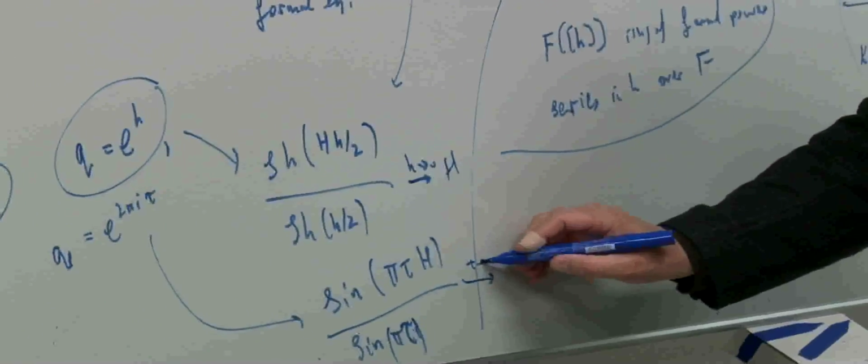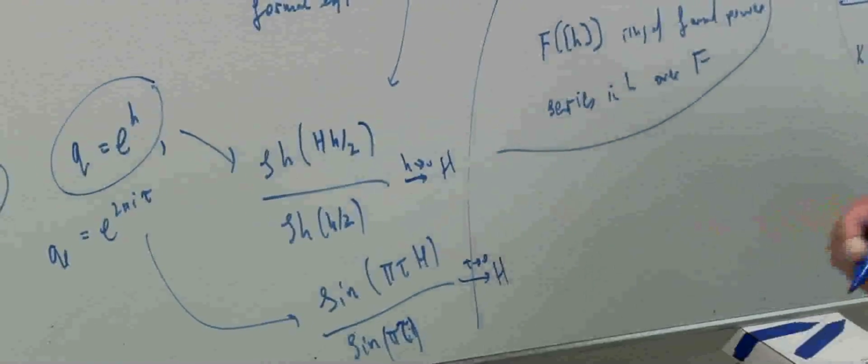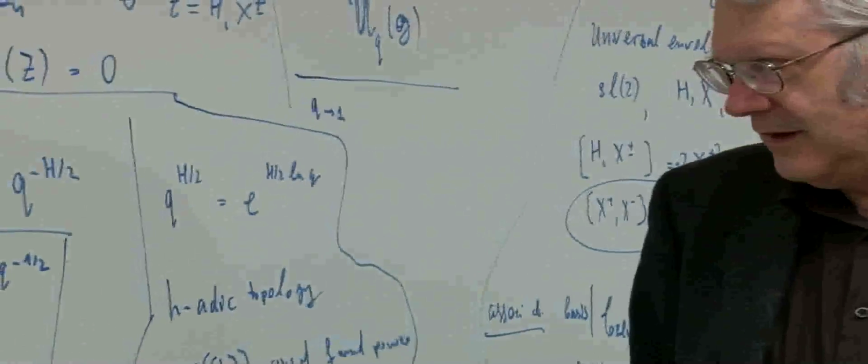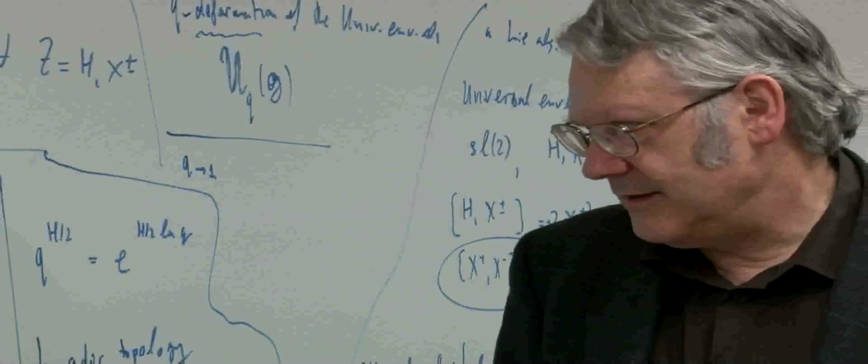Same here if tau goes to 0. We go to h. This is the reason it is called deformation. Because if the parameter Q, which may even not be a number, but if you treat it as a number, goes to 1, then I am recovering from this more complicated relation this one.